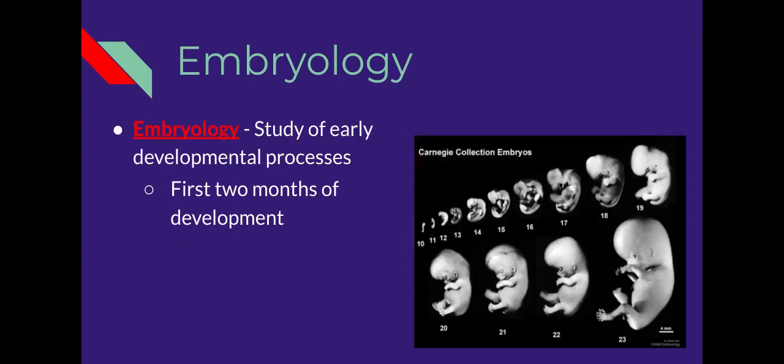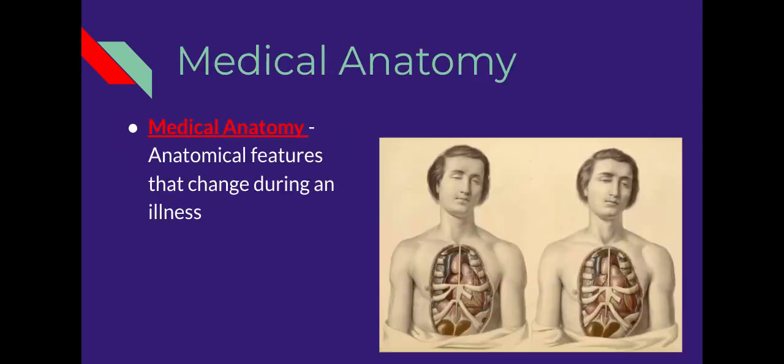Next one is embryology. Embryology is going to be focused only on the early developmental processes. So it's related to developmental anatomy, but it's just a smaller branch of it. It's going to be the first 2 months of development. That's what an embryologist is going to focus on. And in the picture here, we have some pictures of different embryos at different stages.